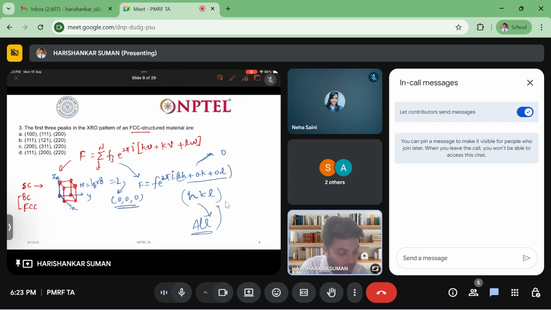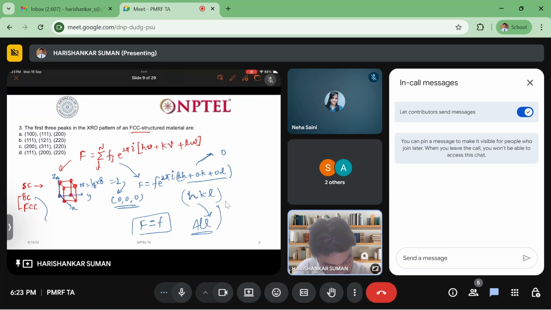Whatever the HKL, the structure factor is always non-zero. Similarly, you have to comment on body centered and face centered. Try to solve this accordingly.